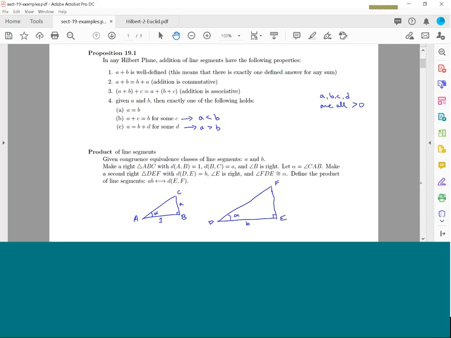So yes, I realize my two triangles are not to scale. Okay. Now, we then define the product AB in the following way. That product AB is going to be the distance from E to F, or the length of line segment EF.